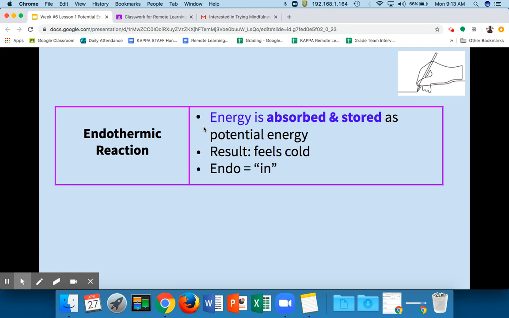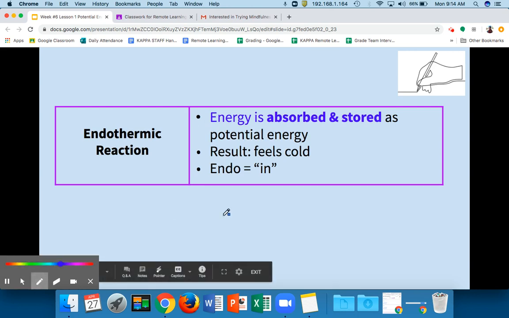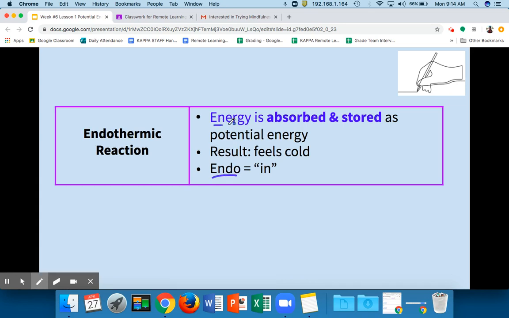And the physical result is this endothermic reaction feels cold. And we can remember that energy is being absorbed because the prefix endo means in. So energy is going in.